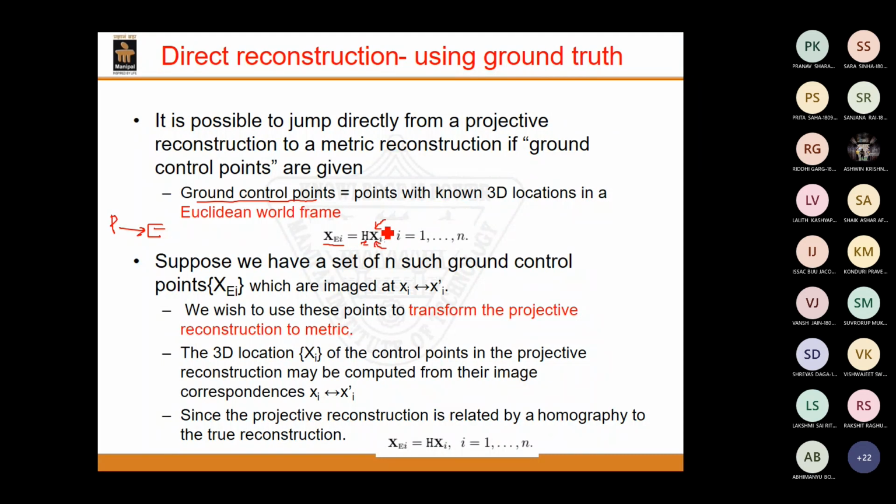Once you have these points in the projective space, and you use these control points whose Euclidean coordinates are known to us, I can find H from this equation. If I find H, then I can apply that mapping on all the points in the projective space in order to convert them into the Euclidean space, or the metric reconstruction, right? So this is another method by which you can directly rectify from the projective reconstruction to the metric reconstruction.